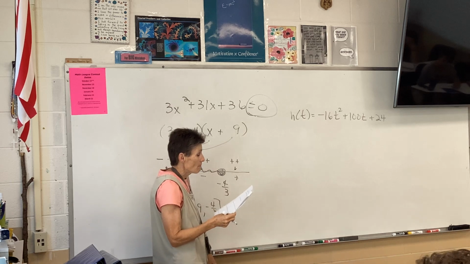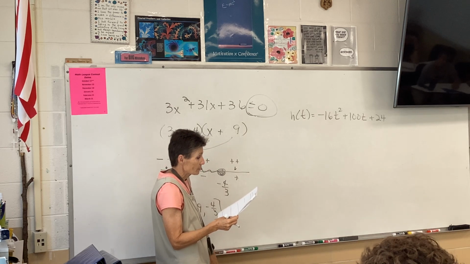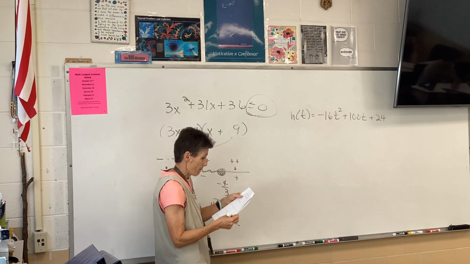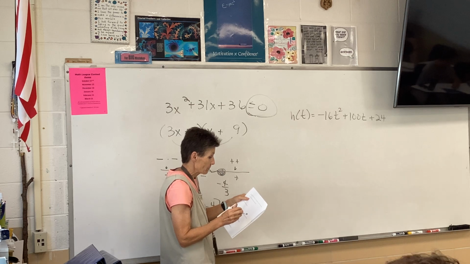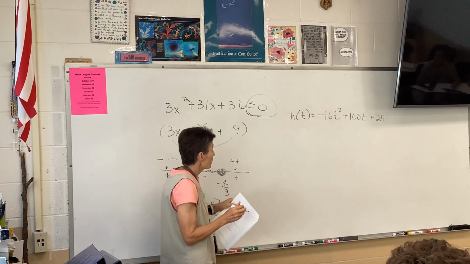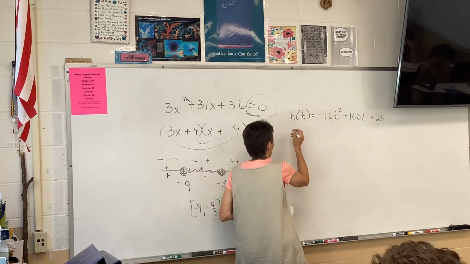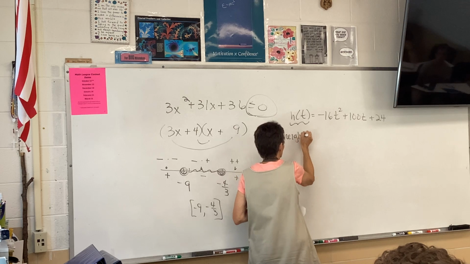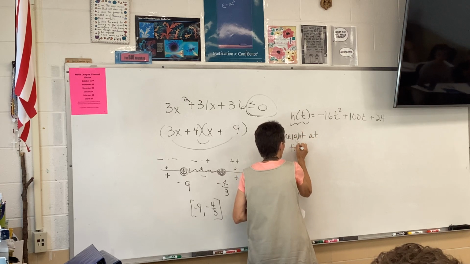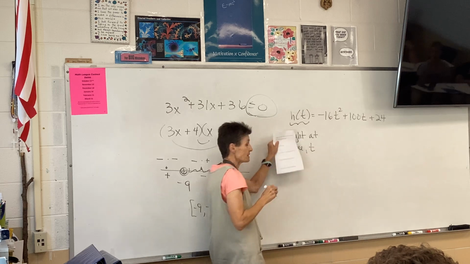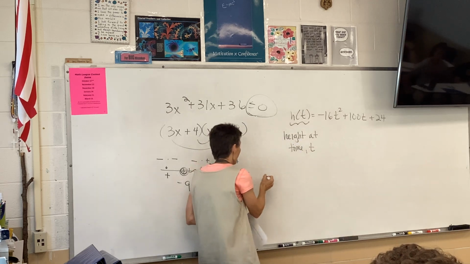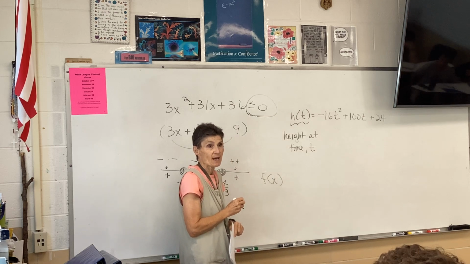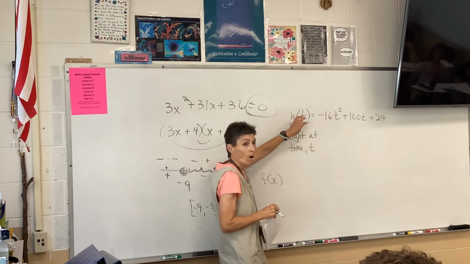When you were solving it and you wrote up the equation, you said it equaled 50 and got rid of the t. Why? Okay, so remember, this means the height at time t. This is function notation. When we say f of x, it is the same as y. This is y.